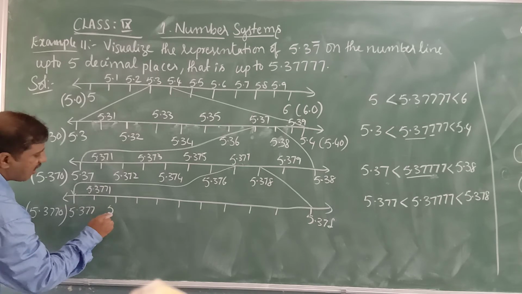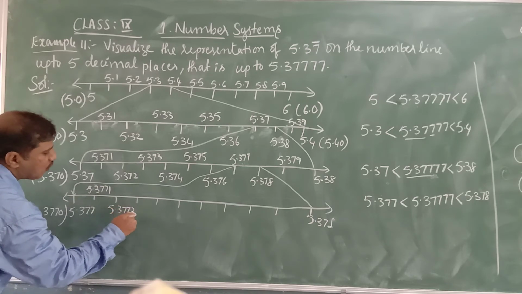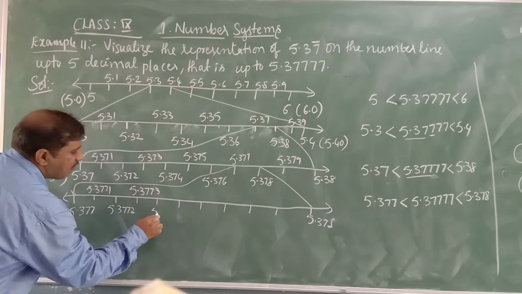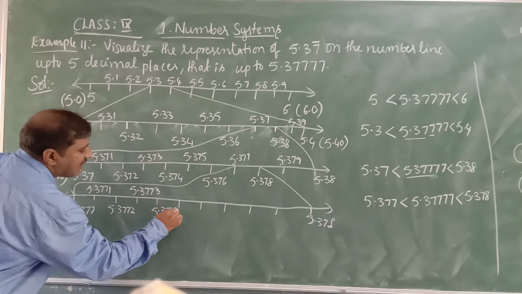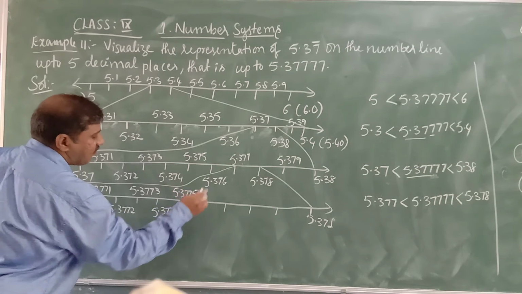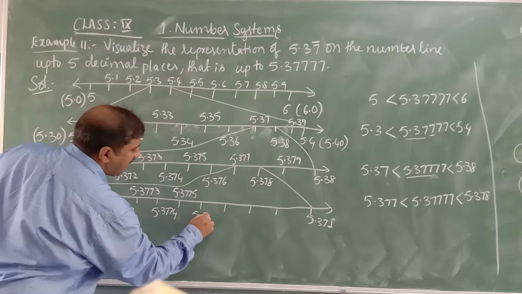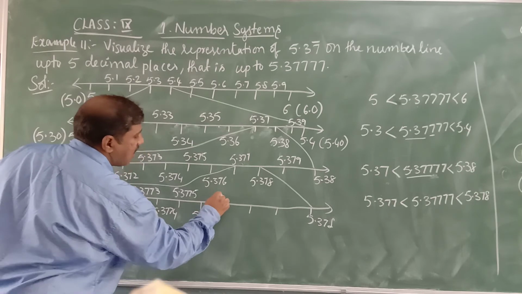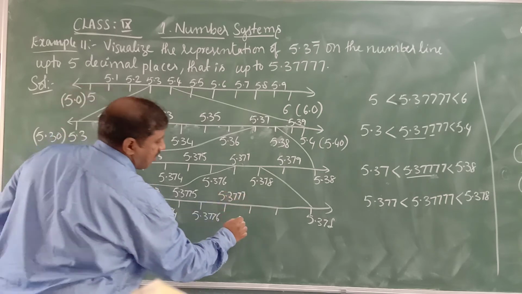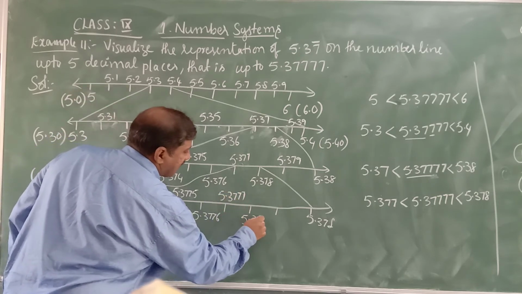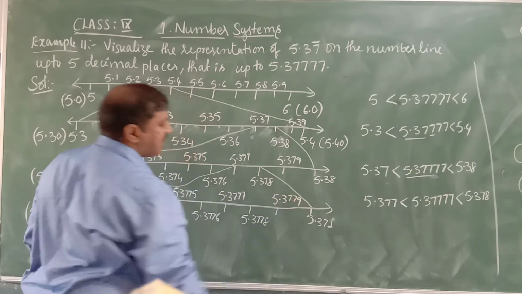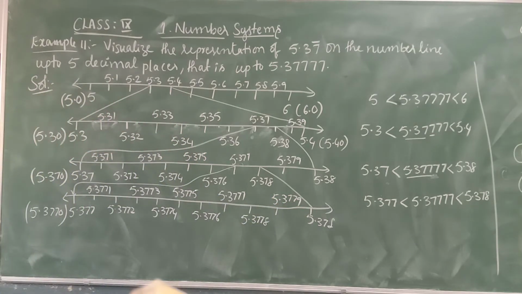So this will become 5.3771, 5.3772, 5.3773, 5.3774, 5.3775, 5.3776, 5.3777, 5.3778, 5.3779, then 5.3780.